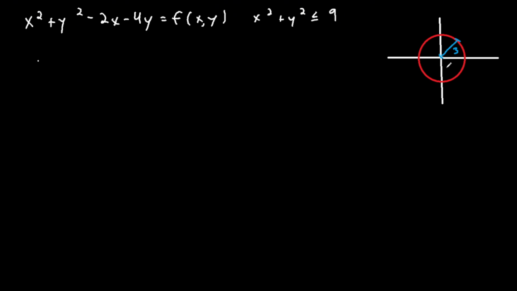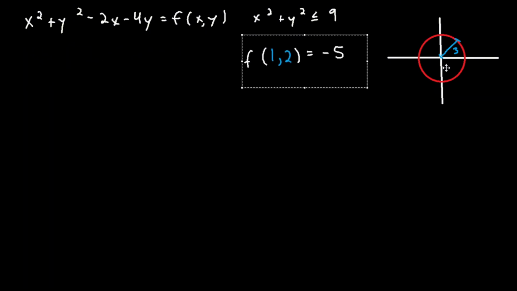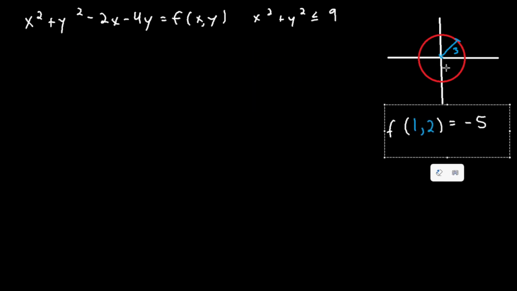So in our previous problem, we already found the local min at 1, 2 equaling -5. So our function at 1, 2 is equal to -5. And let's change these colors to mark off that they are one of our potential absolute maxes and mins.